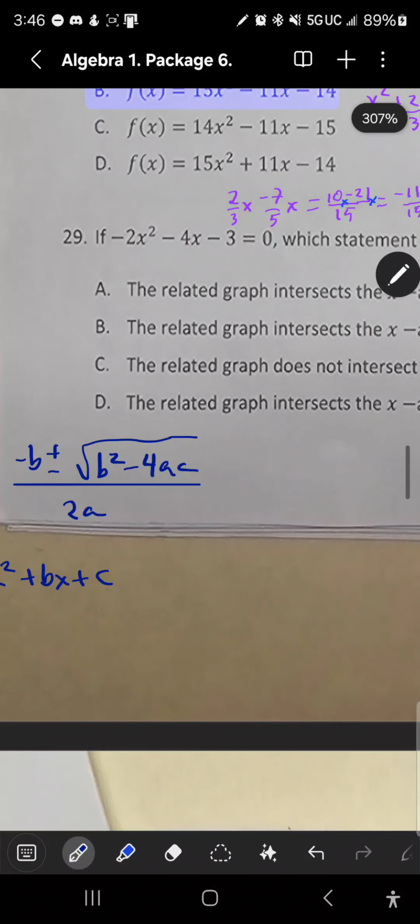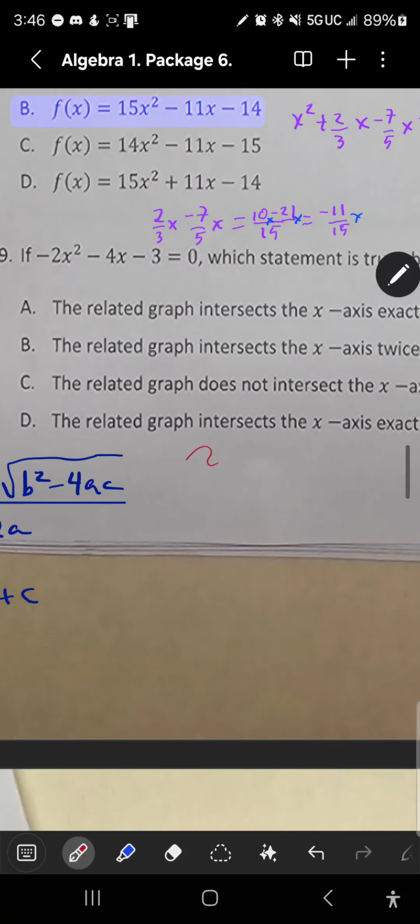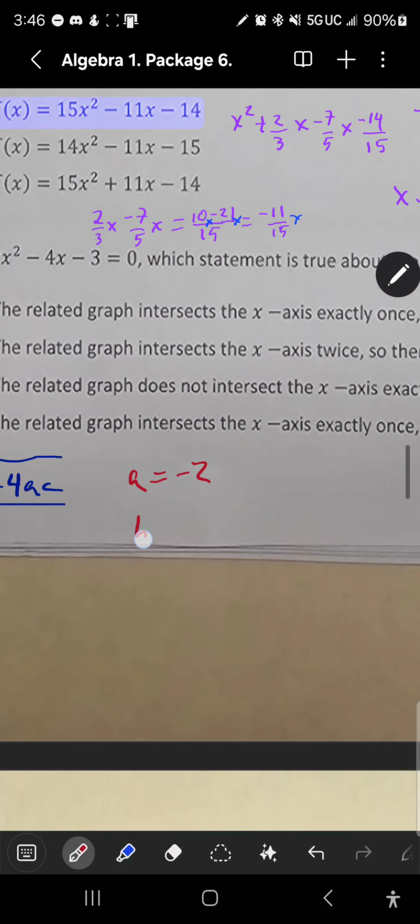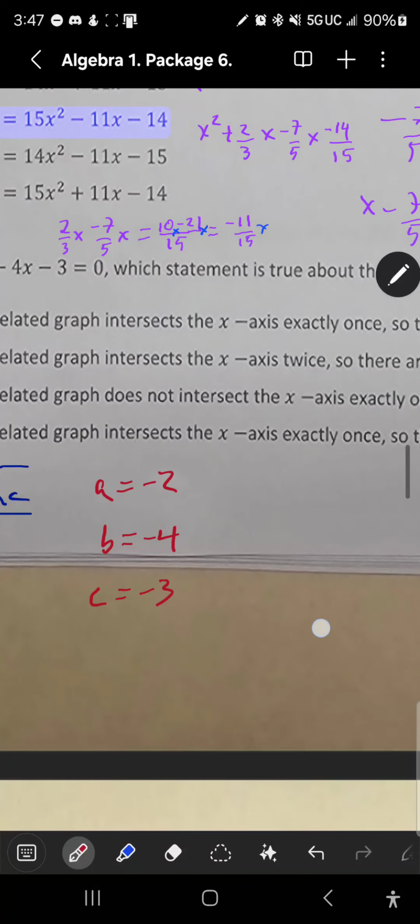In this case, a will be equal to negative 2, b equal to negative 4, and c equal to negative 3. So a, b, and c. And remember, you need to know the formula by memory. You are not going to have the formula on the test.